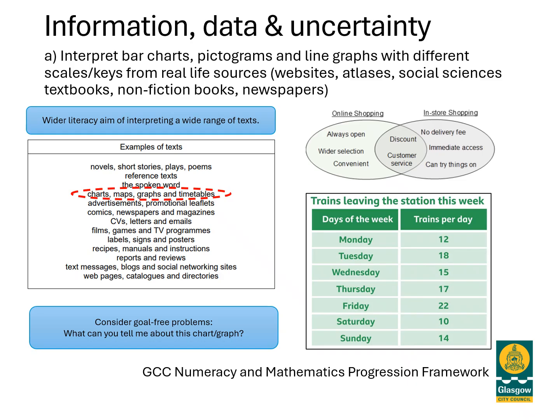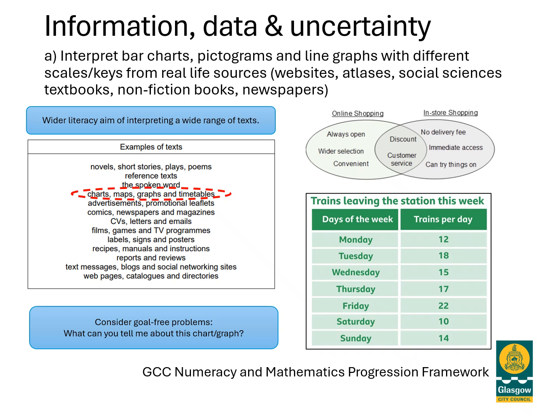We have a table of examples of text that has been in our Curriculum for Excellence literacy guidance since it was published. Charts, maps, graphs, and timetables, circled there with the red dotted line, they appear there because being able to interpret and read information displayed in different ways is as much a literacy skill as a numeracy skill.